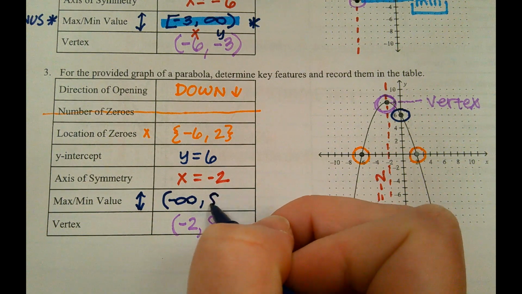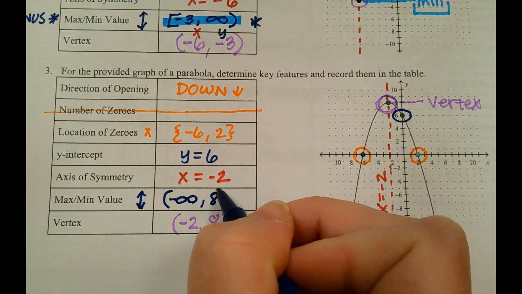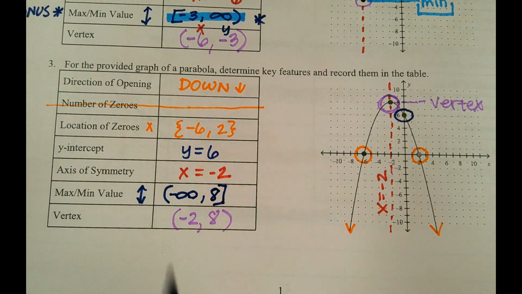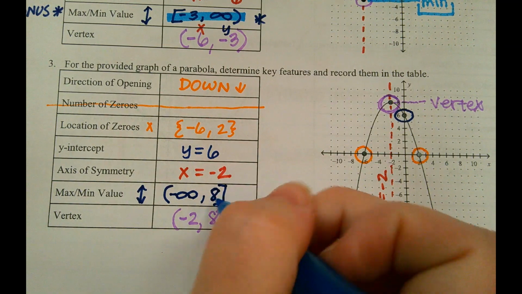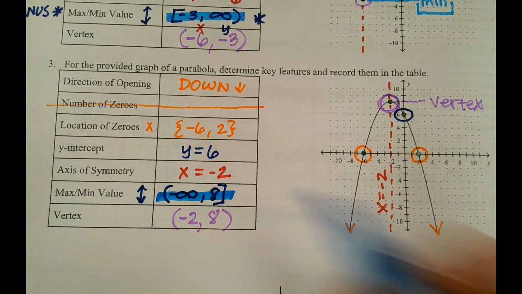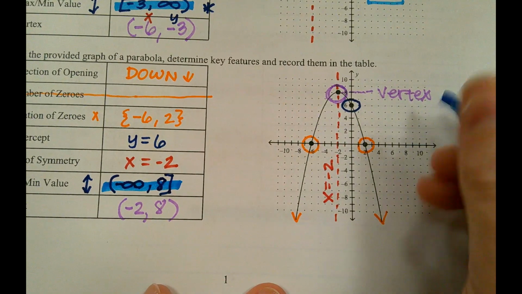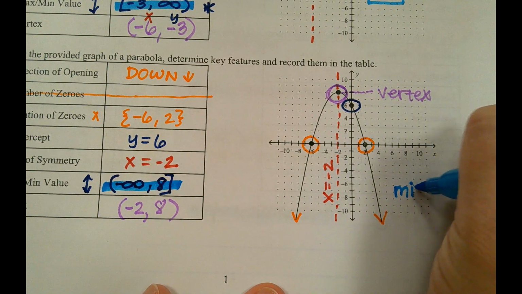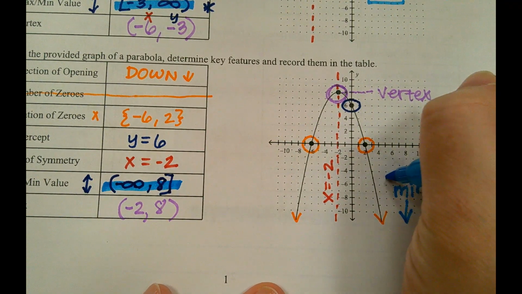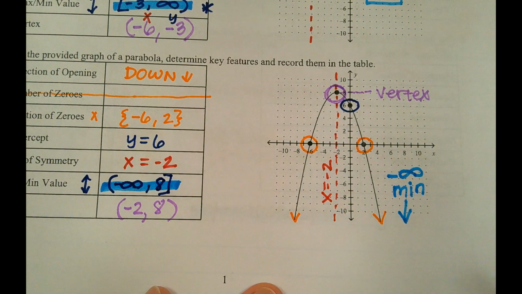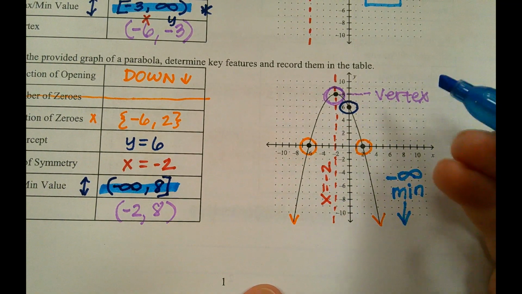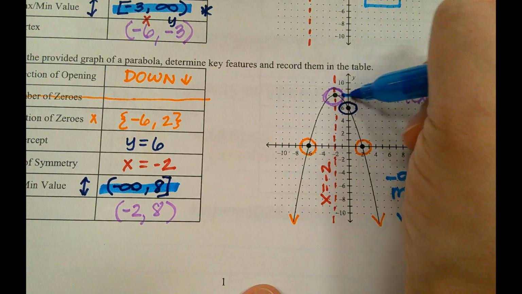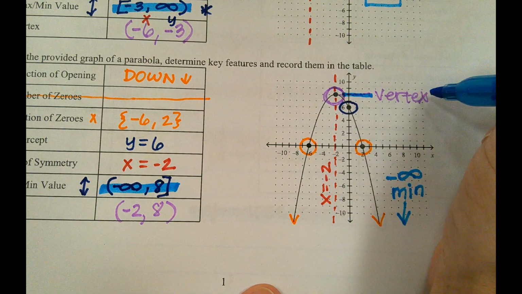So 8, the number gets a bracket. Good. So I'm going to just write here, my min, negative infinity. And my max is at the vertex here.